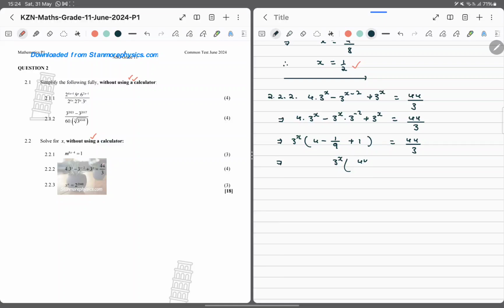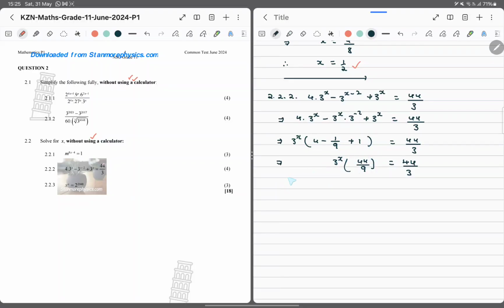So this is 44 over 9. If you don't know how to do fractions, folks, you are in trouble. Believe it when I tell you.